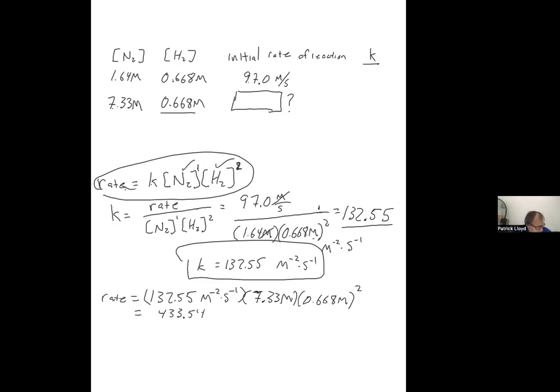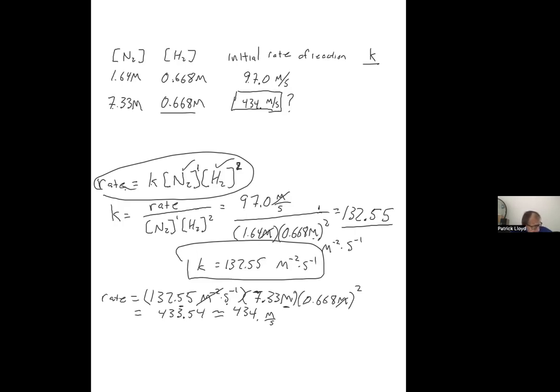We want just 3, so I'm going to round this up to 434. Now, what are the units? This is divided by M squared, and this is M squared right there, so those are gone. That's going to leave us with the M here divided by seconds, so molarity per second. Okay, so 434. I'll put a decimal point there. The software typically wants a decimal point at the end.